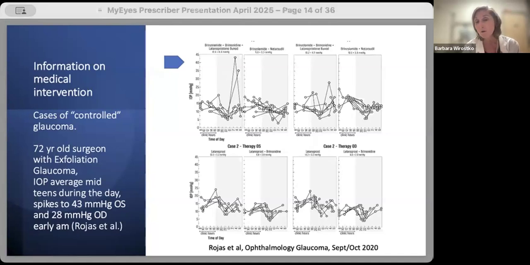But I thought this was really quite dramatic, because how often when our patients are showing continuous damage or progression and their pressures are controlled in the office, do we think, oh, maybe they're just not using their eye drops? I would bet he was using his eye drops. And he clearly was spiking, which probably was most likely damaging his optic nerve. Next slide.